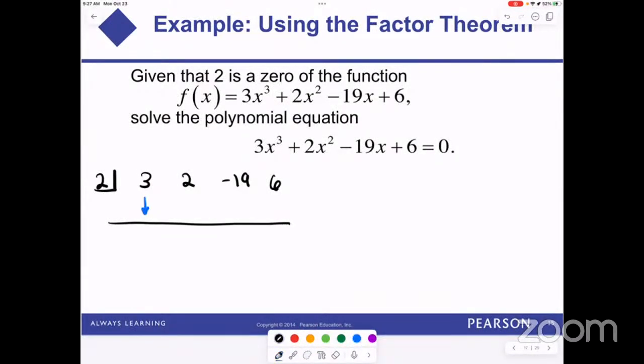On the diagonal, we multiply, then we add, we multiply, we add, we multiply, and indeed we get our remainder of 0. We started with a degree 3, so our depressed equation is now a degree 2: 3x squared plus 8x minus 3.